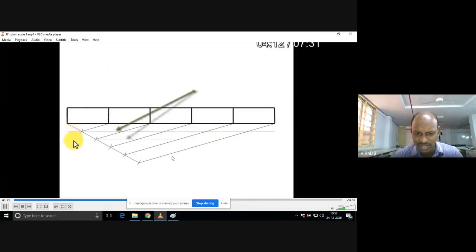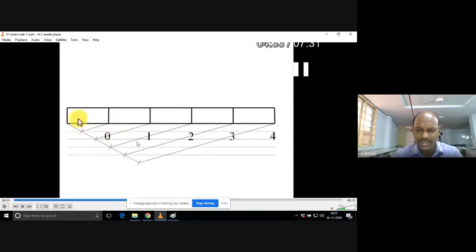number these parts. Now here, while putting the numbers for the parts, you leave the first part. Don't give the number starting from here. After the first part, you start 0 here, 1, 2, 3, 4. That means 0 decimeter, 1 decimeter, 2 decimeters, 3 decimeters, 4 decimeters.